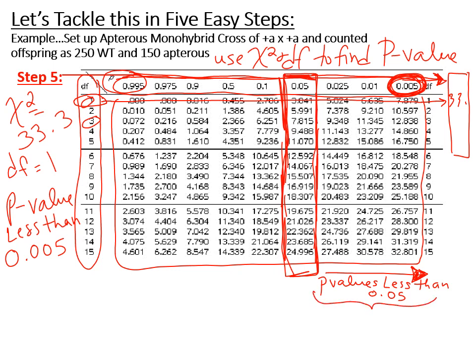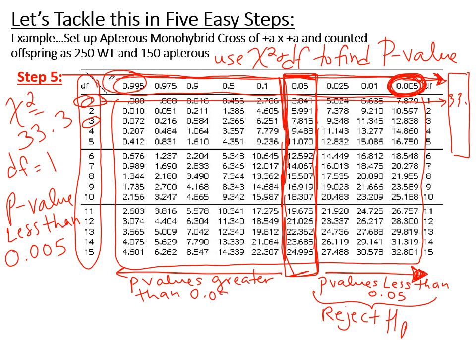So, reject null hypothesis. Anything greater, so p-values greater than 0.05, which is all the values to the left of that 0.05, then you fail to reject.